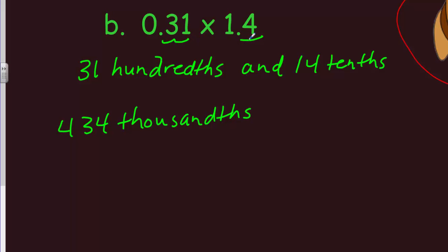Here's 2 and there's 1. So there are 3 decimal places in the factors, so we're going to have thousandths as our actual unit. So our product will be 434 thousandths. Just remember that 1/100th and 1/10th gives us the unit of 1/1000th, the denominator of our fraction. Okay, on that one, we're going to go ahead and move on.